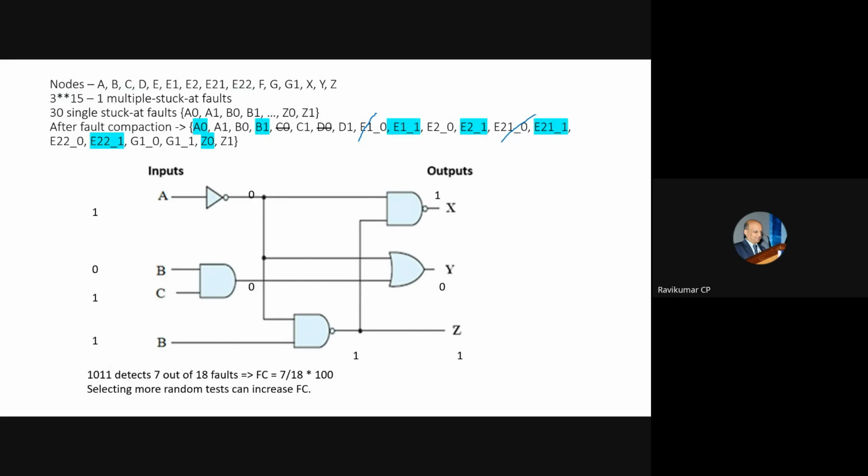So ATPG tools may sometimes try, but they don't know that this is an untestable thing. They may not be able to prove it. So they will repeatedly try to generate a test vector, and how do they do it? By backtracking.